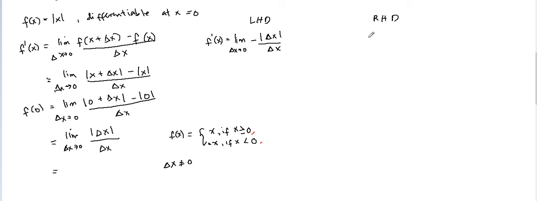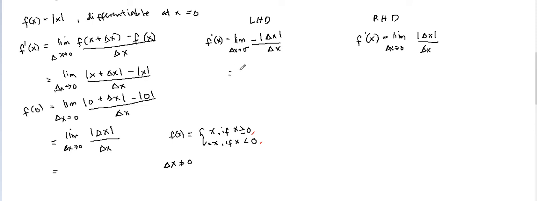Ang isa naman, we have the limit, okay, from the left ito ha, the limit of positive naman dito. So we have absolute value of delta x divided by delta x as delta x approaches to 0. Alright. So ano magiging sagot dito?